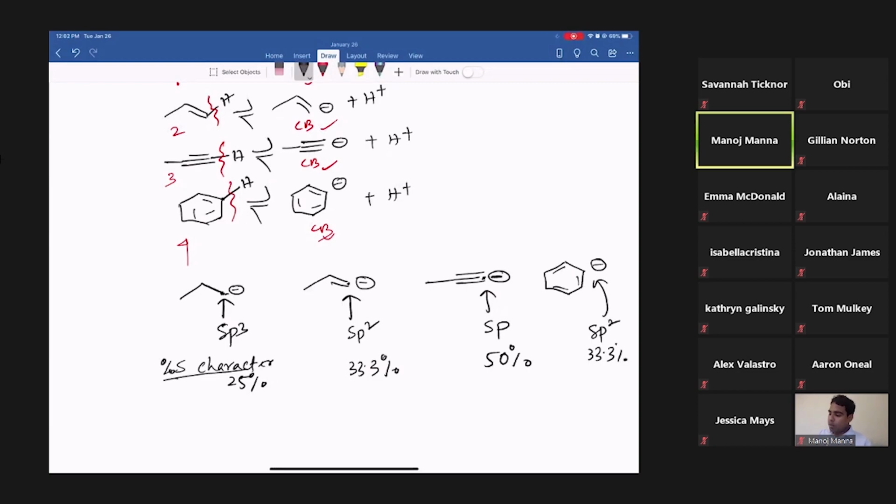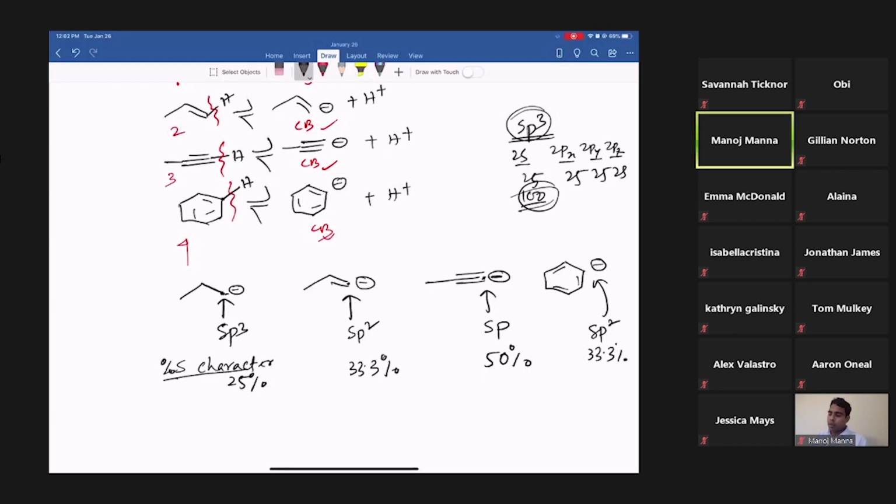So very simply, sp3 means 1s, 2s and 2px, 2py and 2pz. So sp3 means each is 25, 25, 25, 25, right? Think about a total of 100%. Based on that we can calculate the percentage of s character.